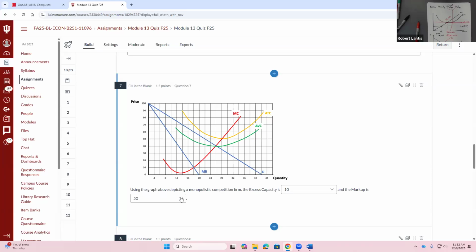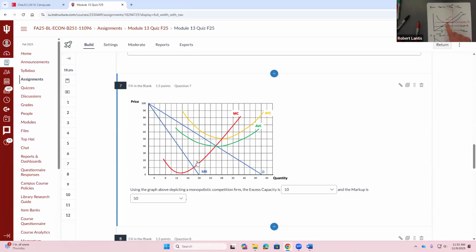Price and marginal cost. So here, what would the markup of a perfectly competitive firm always be? If I had a perfectly competitive firm, price is always going to be exactly equal to, well, price is my marginal revenue.